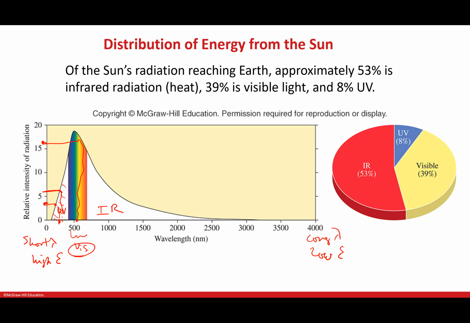It's infrared. This pie chart over here is reflecting this, no pun intended. It's showing the volume of energy coming in that region of energies. Those are the 3 main parts coming from the sun.